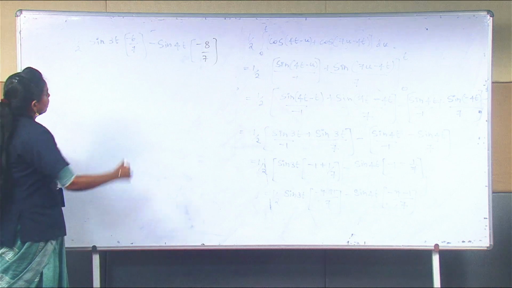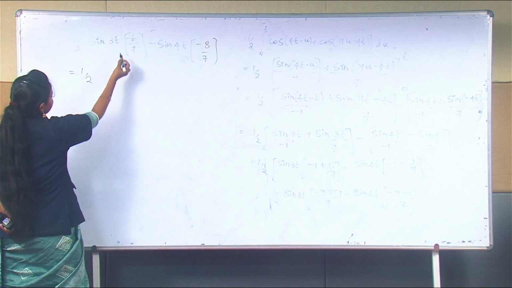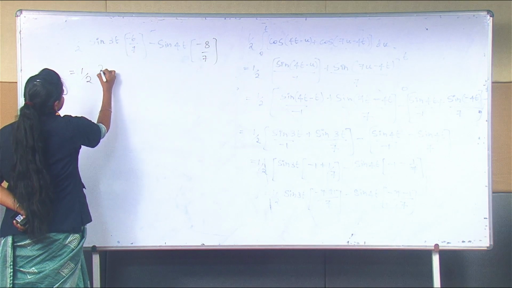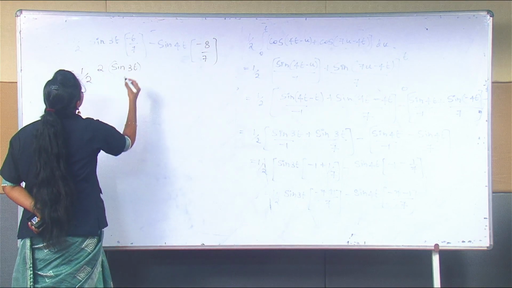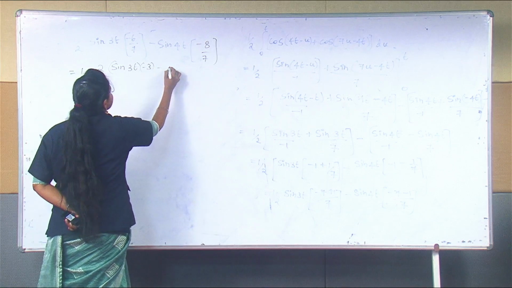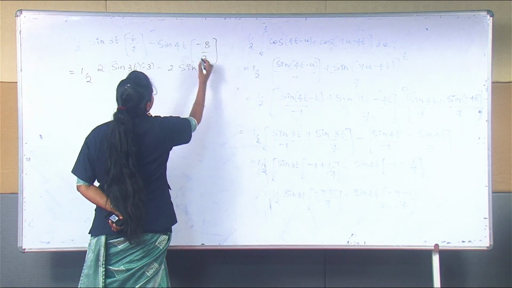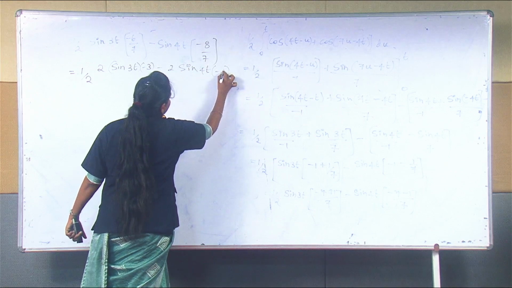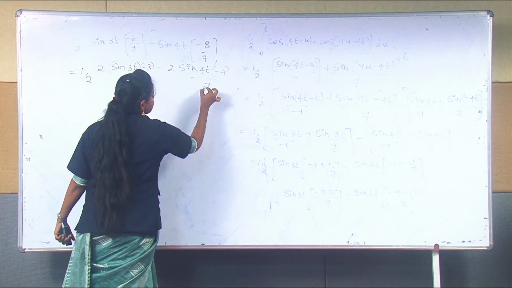Okay, 1 by 2, here we can separate the terms. How we can take 2 here, so 2 into sine 3t minus 3, here also we can take 2 outside, so sine 4t minus 4 divided by 7, here also there is a 7.